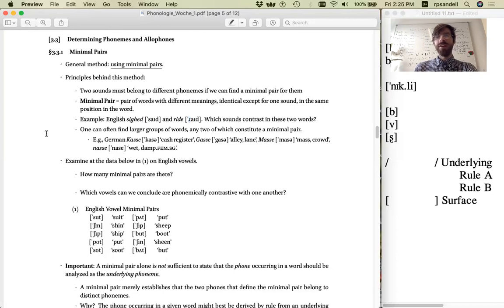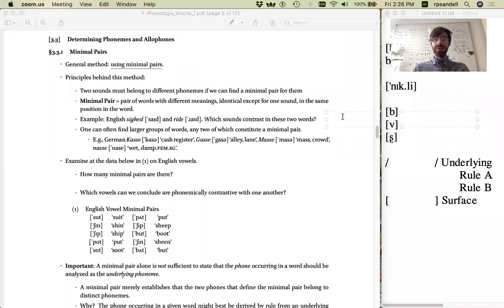And very often, it's possible, so those are the two sounds which we would say are contrastive, S and R. So the immediate conclusion to draw from this example is that the sounds R, and I need to transcribe that properly, the sounds, this rhotic approximant R and the sibilant fricative S, these belong to different phonemes.